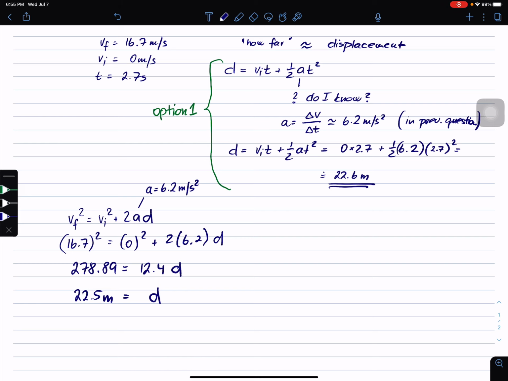Right, so this is a second option, and they're both fine. Option 2. I want to emphasize that the difference in the answer by 0.1 is not as important. That has to do with how I typed it into a calculator and all of that. But I think that this should hopefully give you an idea how to go about it.